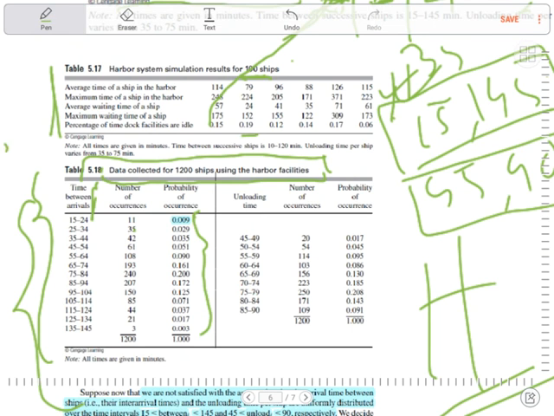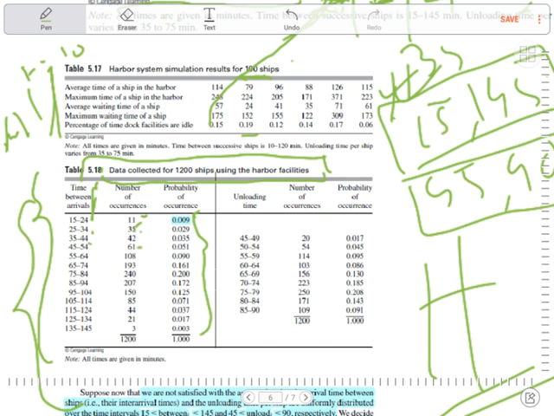Suppose ship 1 is arriving at t equals 10, ship 2 is arriving at 25 minutes, ship 3 is arriving at 25 plus 16, say 41 minutes. Like that, 11 ships have arrived such that the gap between their arrivals lies between 15 to 24 minutes. Similarly for the other rows.